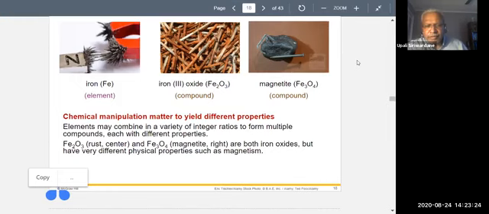So these properties are desirable and could be used in various applications. The rust in the center is red colored. Fe3O4 magnetite on the right is magnetic, but not as magnetic as elemental iron.